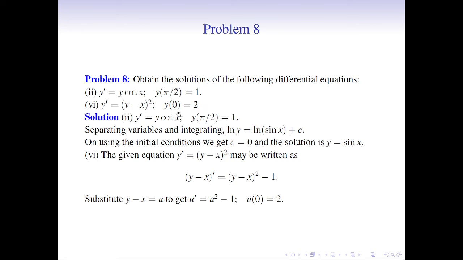That means when x is equal to 0, y is equal to 2. So when x is equal to 0, what would u be equal to? u will be equal to 2, because then u will be equal to 2 minus 0, which is equal to 2. So this is the initial condition that is imposed on this differential equation, wherein the dependent variable is u instead of y.